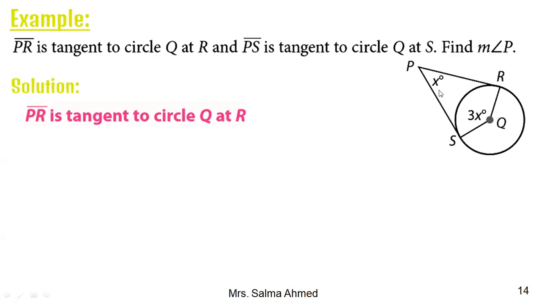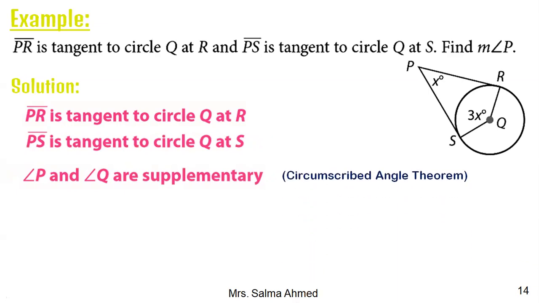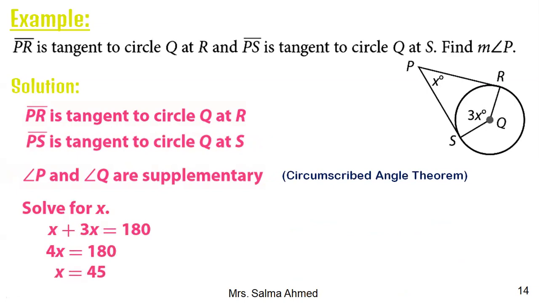So the measure of angle P and the measure of angle Q are supplementary. To solve for x, I add x plus 3x equals 180. Combining like terms, 4x equals 180, so x is 45. Substituting x equals 45, the measure of angle P is 45 degrees.